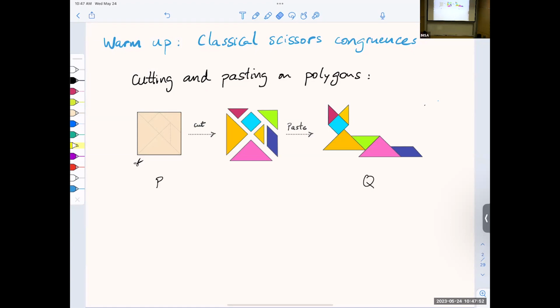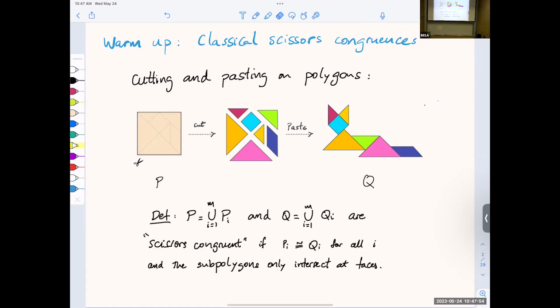A little bit more formally, how do we define this? We define a polygon P which is cut into different pieces, as the union of a bunch of polygons P_i. And then you also have another polygon, which is also cut into different pieces.